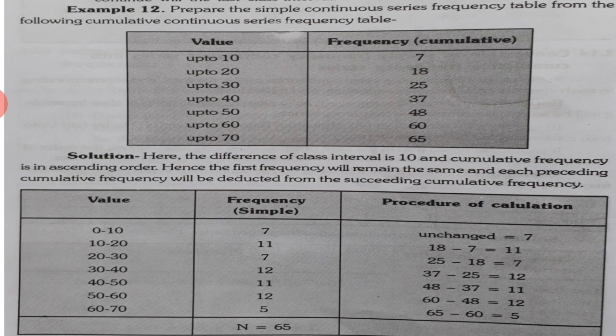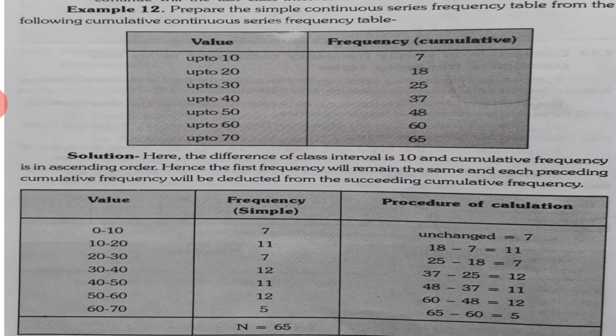You see values are given up to 10, up to 20, up to 30, like this. So we'll form the class intervals first. Up to 10 means 0 to 10, up to 20 means 10 to 20, up to 30 means 20 to 30, like this. Now you are given cumulative frequencies. What is the other identification of cumulative frequency?